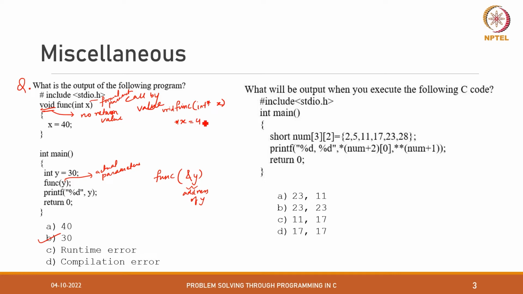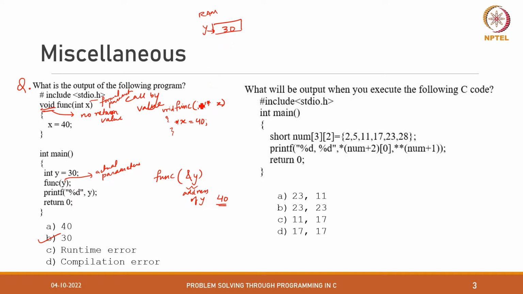And then if we change the value of star x is equal to 40 here, even if it did not return anything, it is still a function of void type, the value of y would have changed and the value would have been 40 here. Because here the memory location y, in the RAM somewhere we are storing the value of y, say this is initially 30, we are passing the address itself to the function.